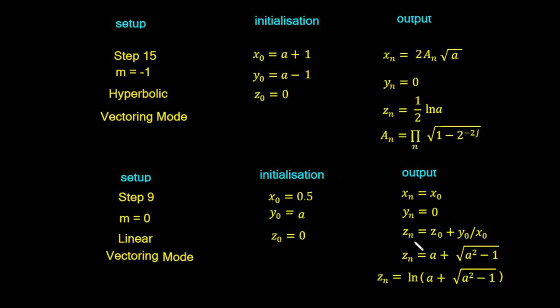And the final output is going to be given by the value Zn, which is equal to ln of a plus the square root of a squared minus 1. And this is going to give us the inverse hyperbolic cosine.